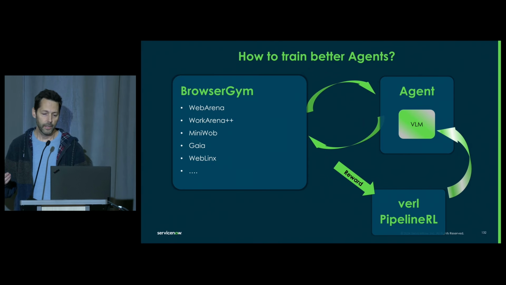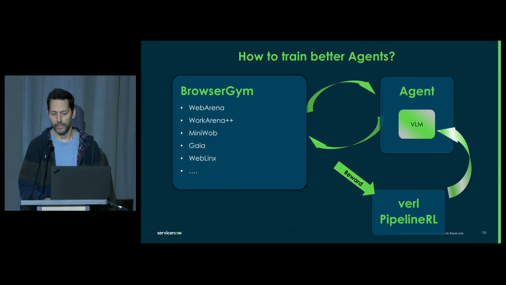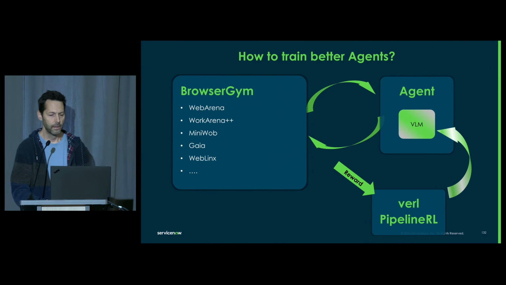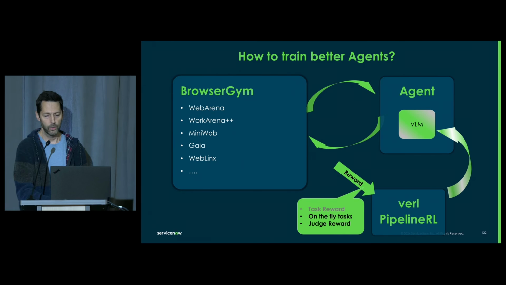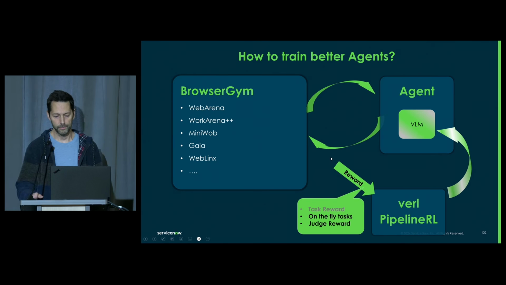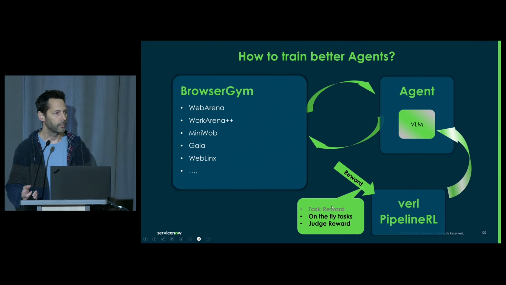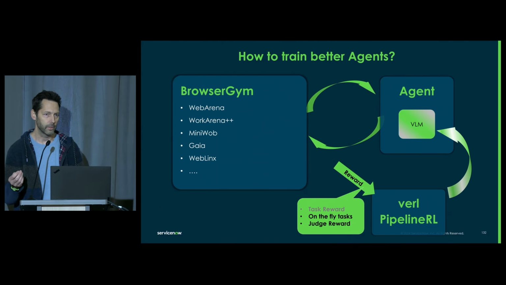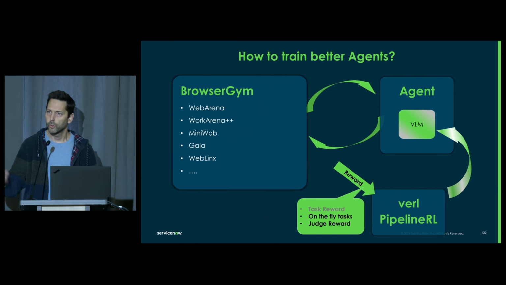This is going to give you a gradient that you can use for upgrading your VLM. If you do so, though, you have to be mindful, because you don't want to burn out all of your benchmarks with the task reward. Otherwise, if everyone trains directly on the task reward, those benchmarks are not going to be useful for benchmarking anymore.